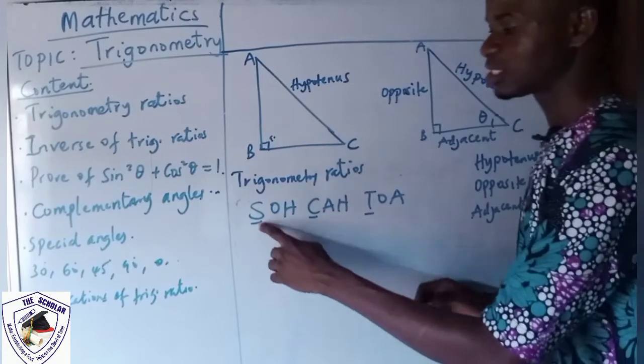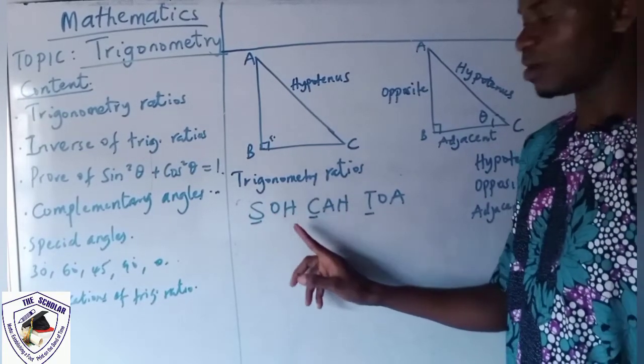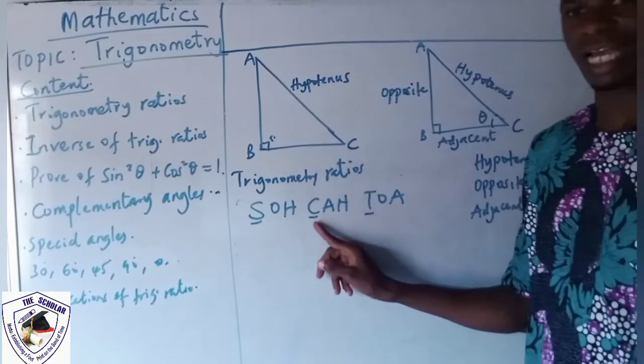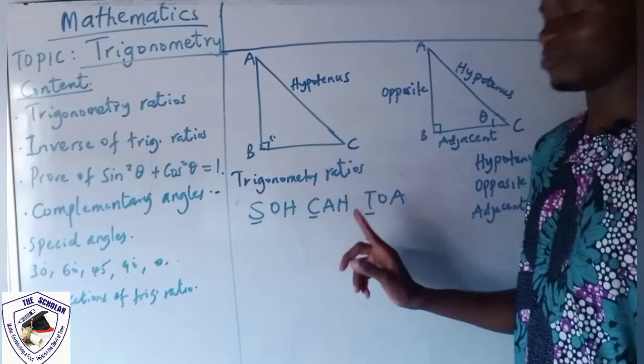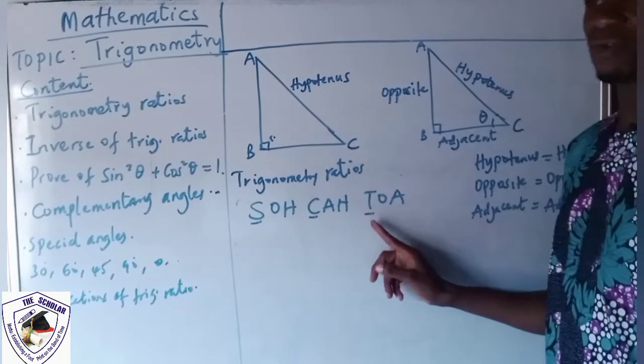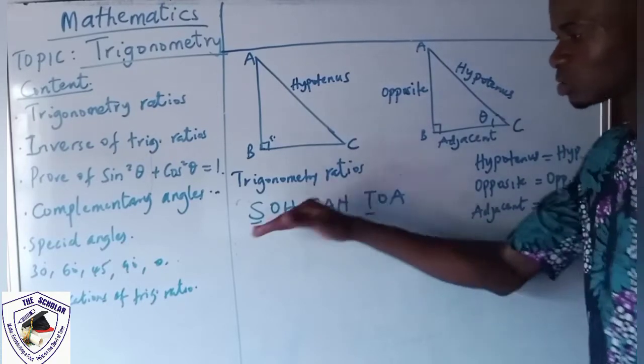S stands for sine, meaning opposite divided by hypotenuse. C stands for cosine, meaning adjacent divided by hypotenuse. And T stands for tangent, which is opposite over adjacent. So I want to look at these three ratios.